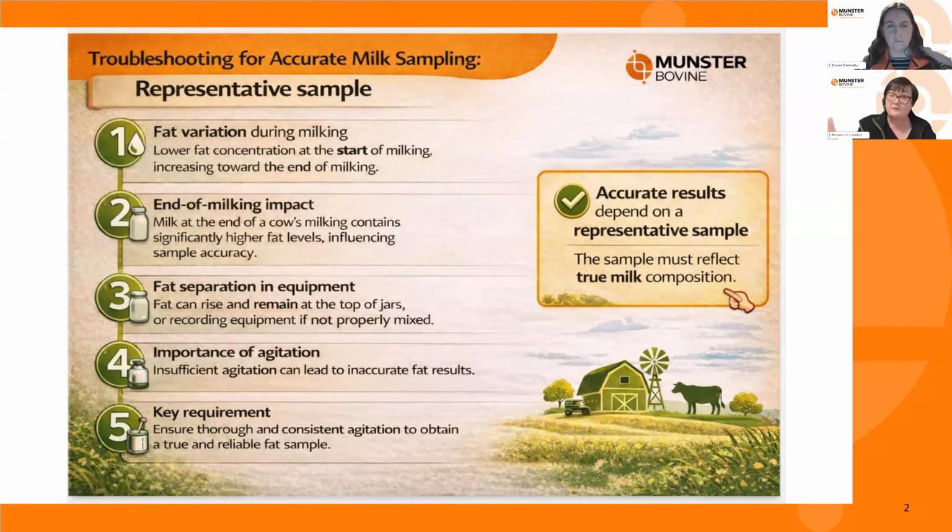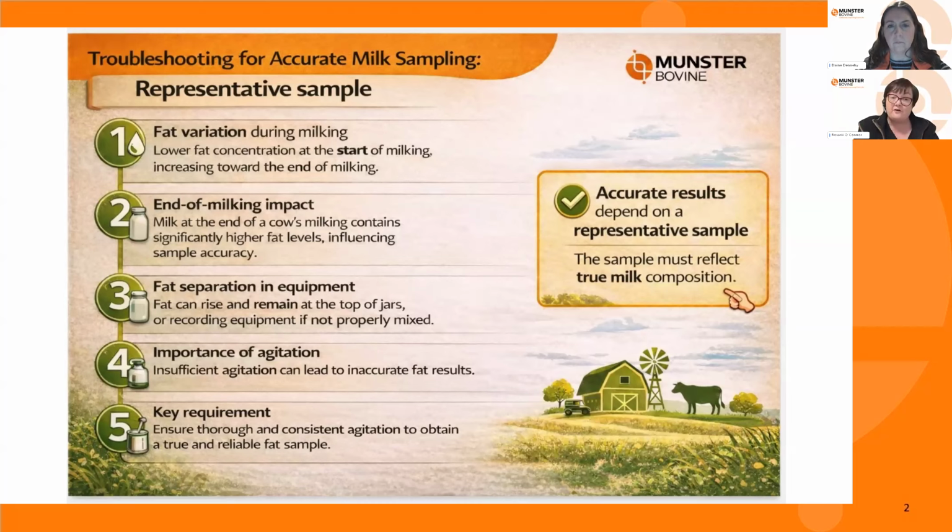And then just to make the whole thing even more complicated, you have the nature of fat. Fat separates out, fat rises to the top. If you have a jar, the fat will rise to the top. If you have a meter, the fat will rise to the top. So this is where agitation is absolutely critical. You have the fat rising to the top and the sample coming out the bottom, so we must agitate the sample so that we get a representative sample coming out the bottom.